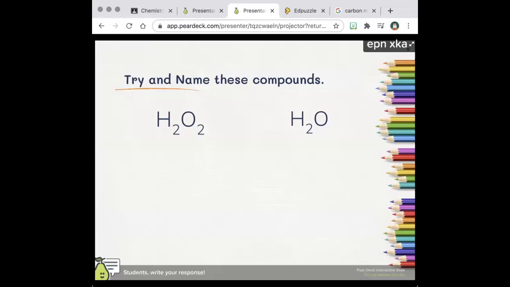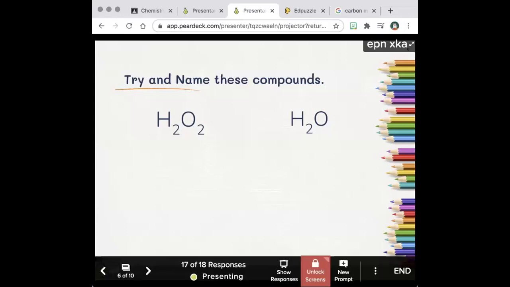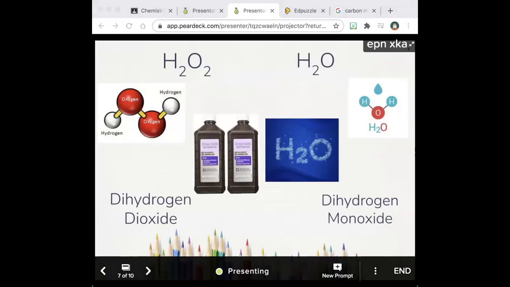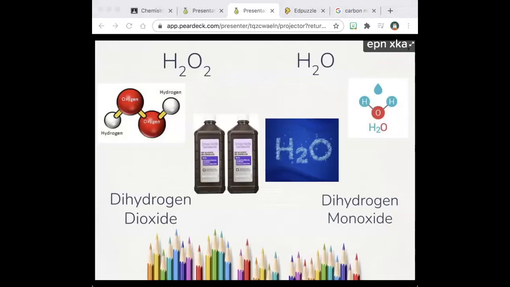But if we ran out of water, do you think we could go around and just drink hydrogen peroxide in the same way we drink water? Would it work out in the same way, Karma? Obviously not. I'll finish your sentence for you. Hydrogen peroxide, by the way, if you don't know, is the stuff you buy at the pharmacy, the drugstore, in these brown bottles.